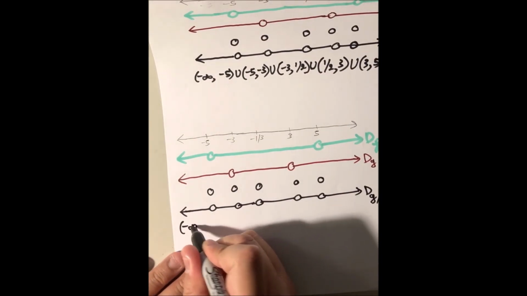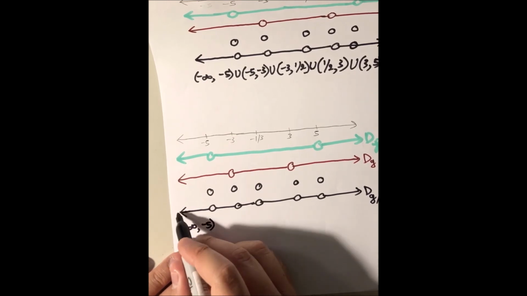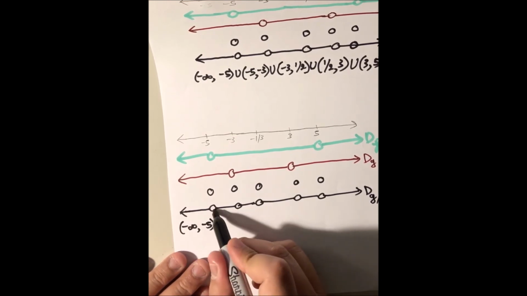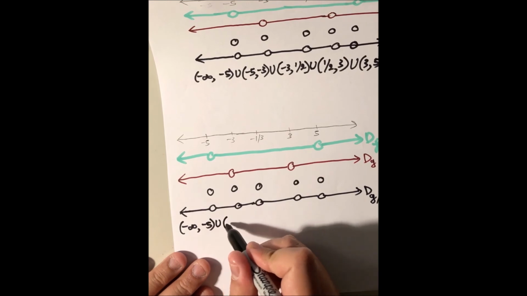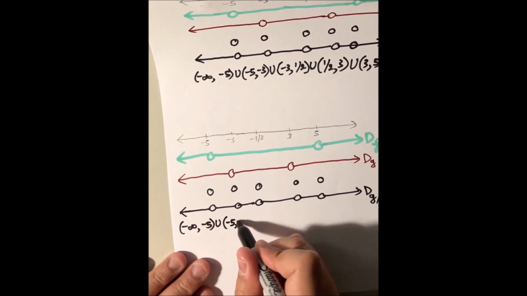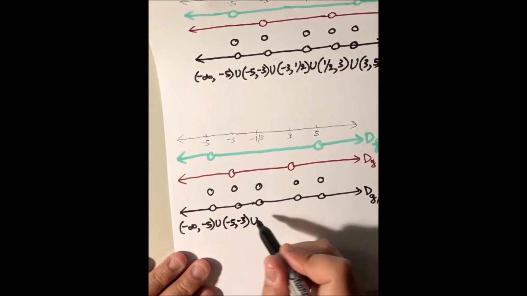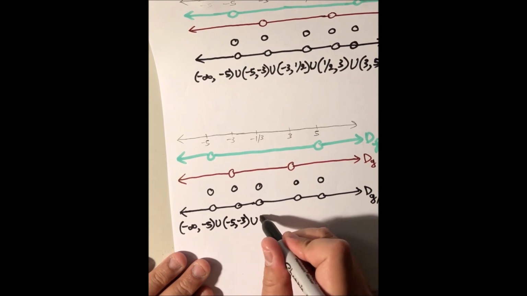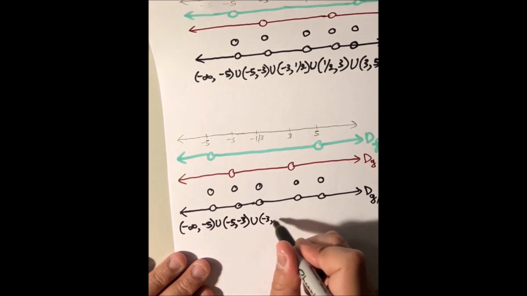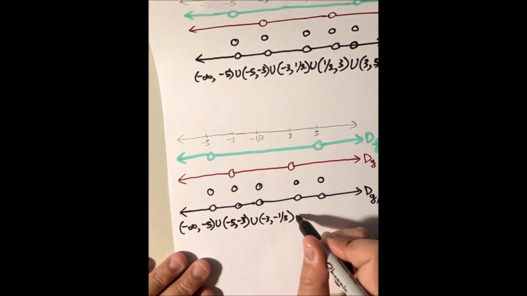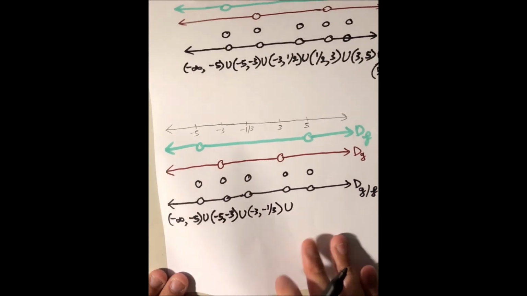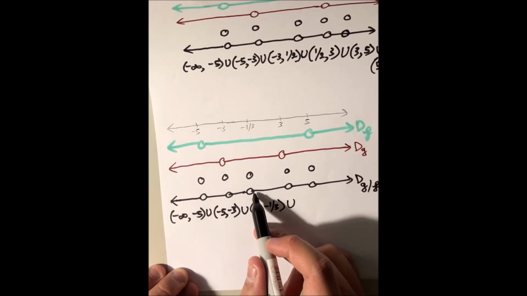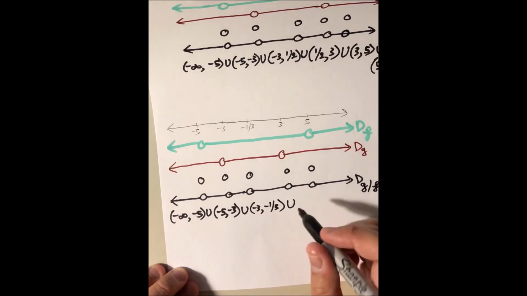negative infinity all the way to negative 5, which is this part. Union to go to the next step, strictly between negative 5 and negative 3. Union to go to this part, strictly between negative 3 and negative 1/3. Union to go to this next part, strictly between negative 1/3 and 3.